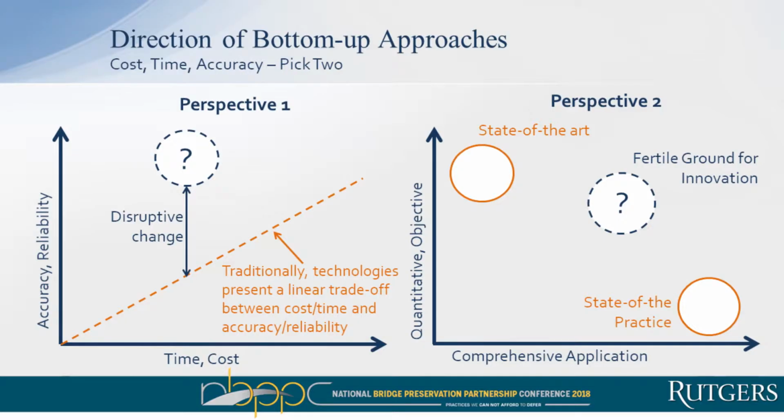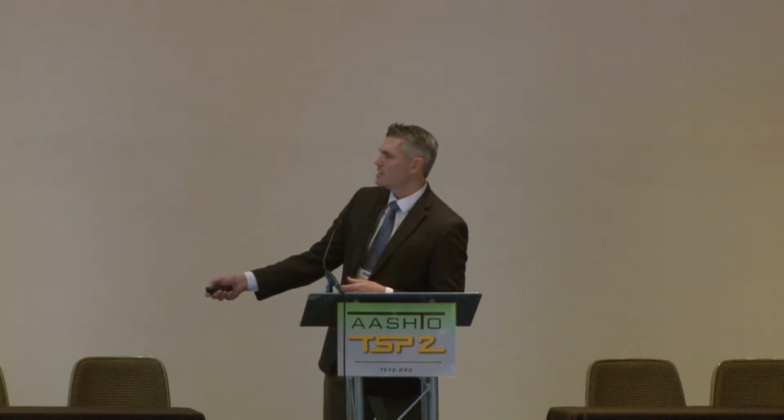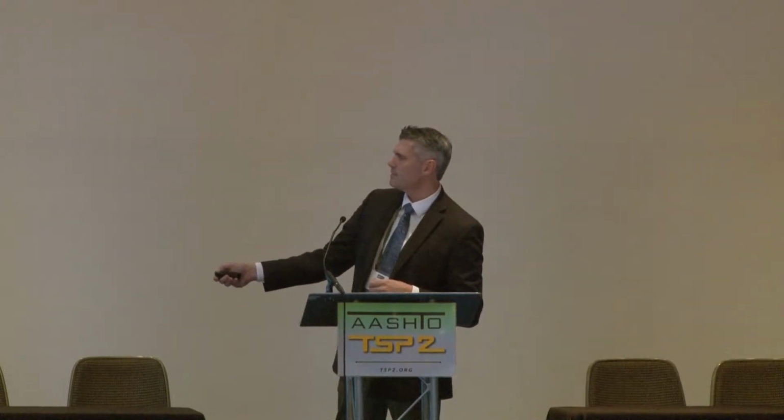And as people take those technologies and package them in a way that can easily be deployed to civil systems, we have the potential of jumping off this curve, right? Actually doing inspections for maybe the same time and cost of a conventional visual inspection, but collecting a lot more quantitative data.